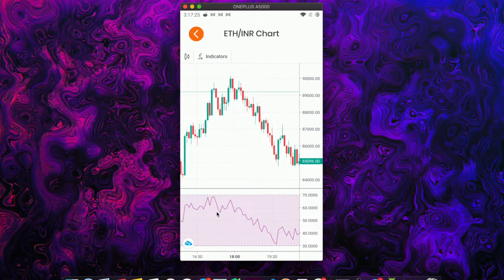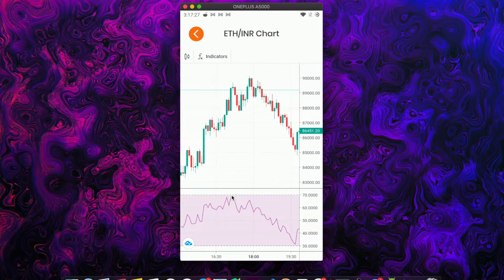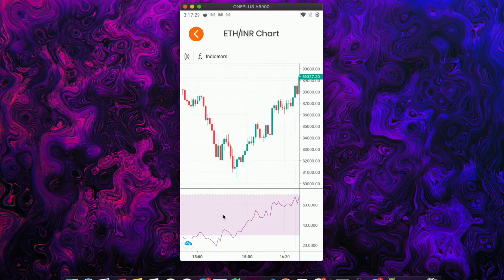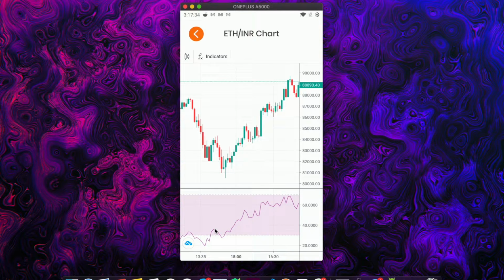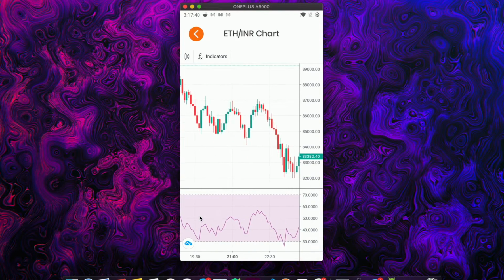In some rare cases it has gone beyond that, as you can see, it has gone way beyond. But always, guys, whenever you see something going below 30, it's a good time to invest. And this is a small basic note about RSI.